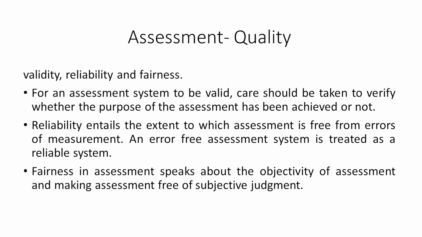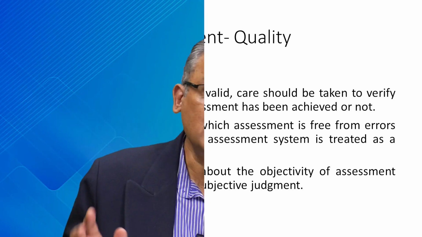Fairness in assessment speaks about the objectivity of the assessment and making assessment free of subjective judgment. So these are the three major criteria which can be ensured to make the assessment qualitative: the validity, the reliability and the fairness. In this module, we have so far discussed four areas of concern where we can ensure the quality to earn the confidence of the stakeholders.